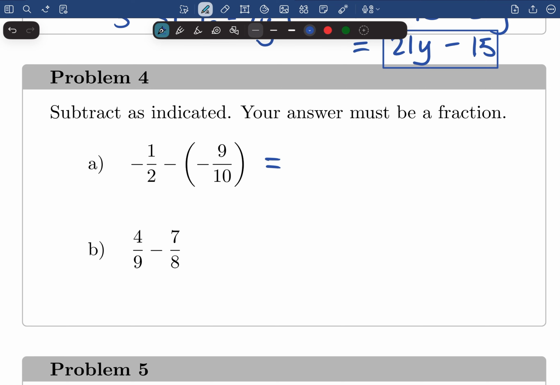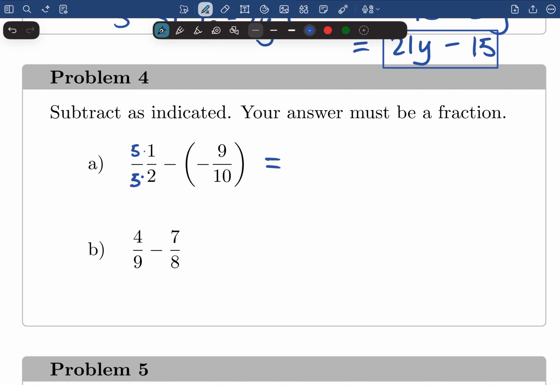Now, a couple things about part A: we don't have like denominators, so we can multiply to get a like denominator on top and bottom of a fraction, or both fractions. I noticed that a multiple of 2 is 10, so I could multiply the top and bottom of this fraction by 5.